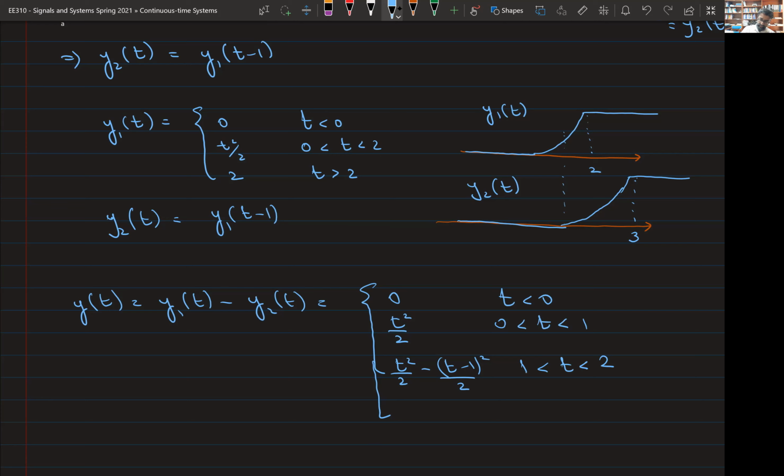Take my word for this now. For 2 less than t less than 3 and it's going to be 0 for all t greater than 3. Okay? And you can go about doing the convolution other ways if you want to, and if you try to verify, you will find you get the same answer. So this is where I'm going to stop. Any questions about what we've done?